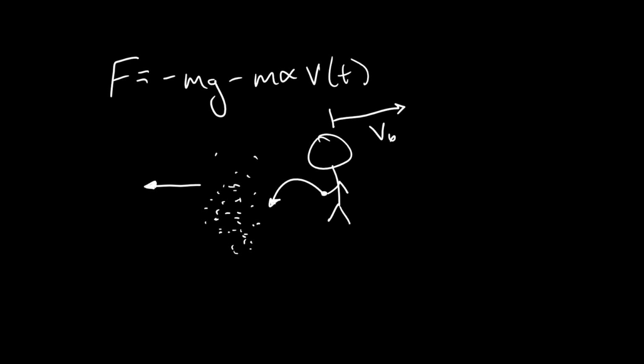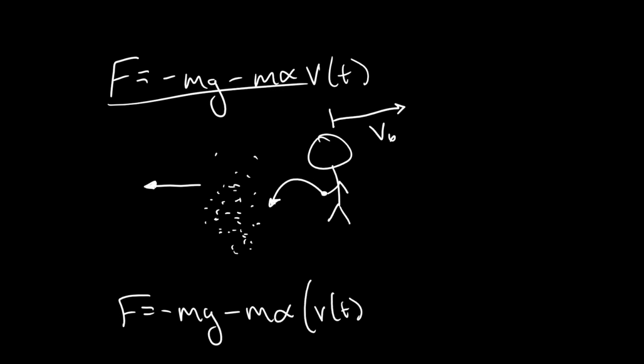So, to fix this equation, what we can do is we can just write minus mg minus m alpha v of t minus the velocity of the air. So then we actually care about the velocity difference between the ball and the air.